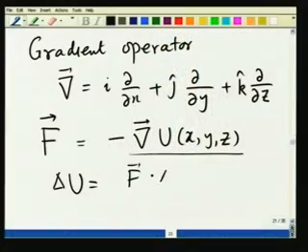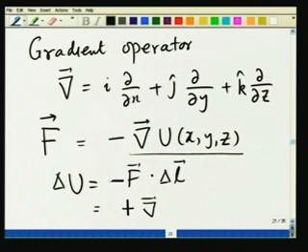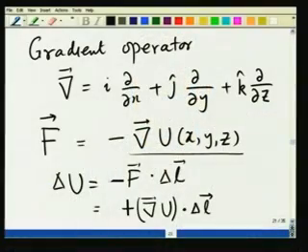Remember again, delta u is nothing but F dot delta L, and this is nothing but minus gradient of u dot, this is a vector quantity, delta L. So, it really again describes the change in a function u, but in a 3-dimensional case depending on which direction I am moving. So, slightly more subtle than the 1-dimensional case.